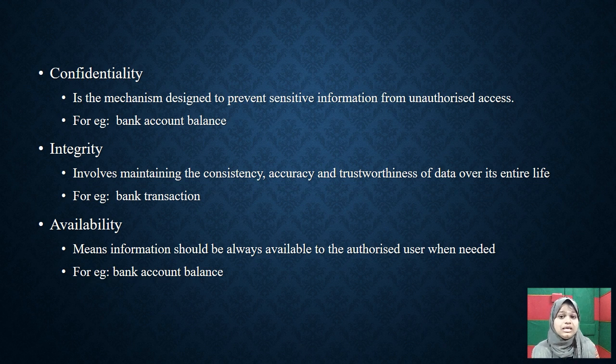That is integrity. When we study the different types of attacks, you'll understand this concept of integrity in a better way. We'll go through it in detail in the further slides.